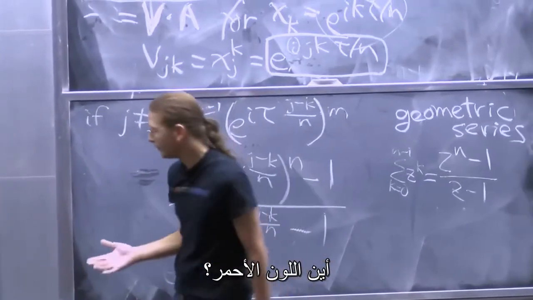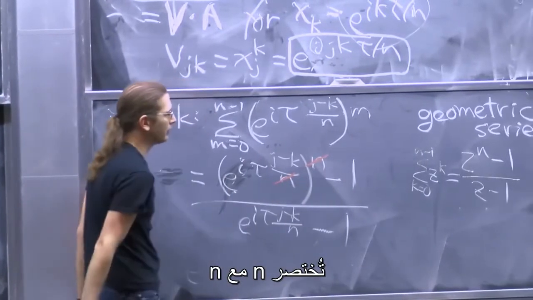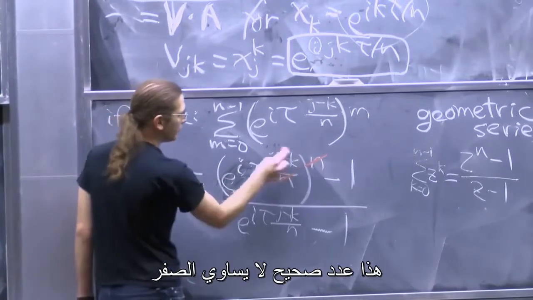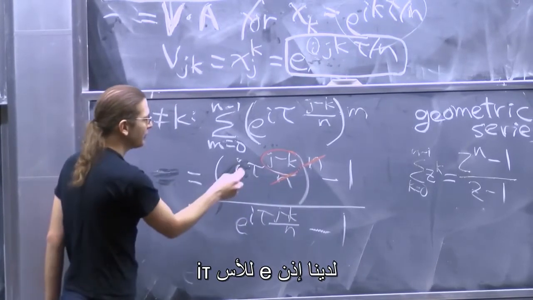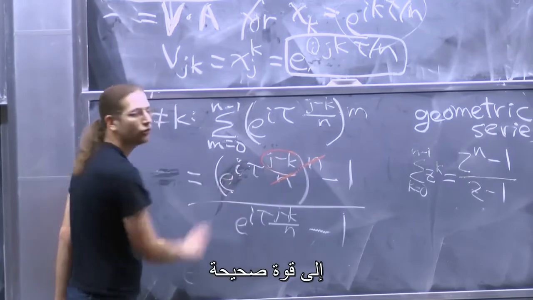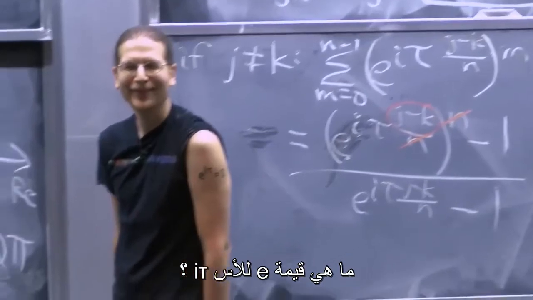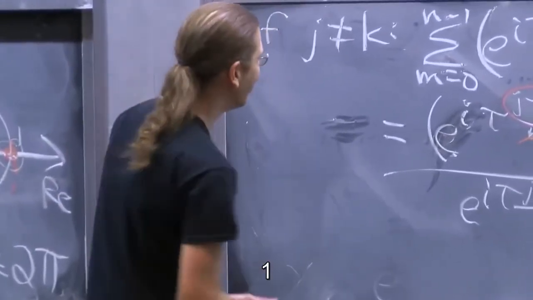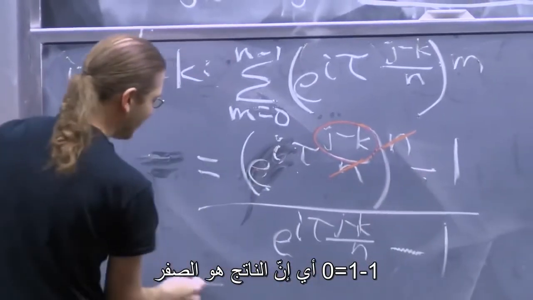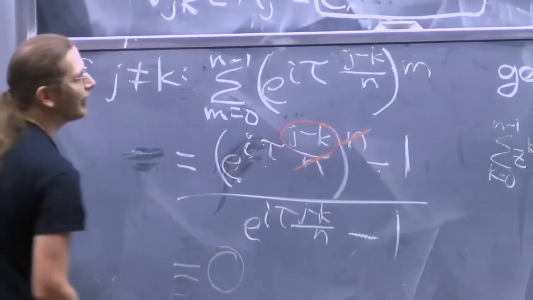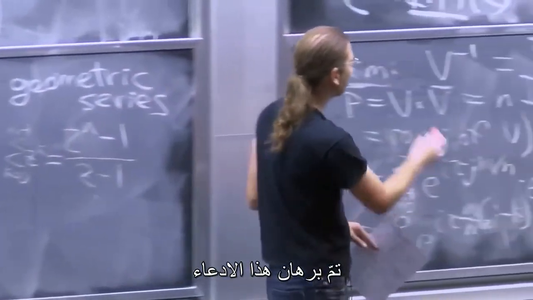The n cancels with the n. This is an integer not equal to 0. So we have e to the i tau to an integer power. What's e to the i tau? 1. Convenient that I have that there. 1 minus 1 is 0, so we get 0. Satisfying. So that proves this claim.